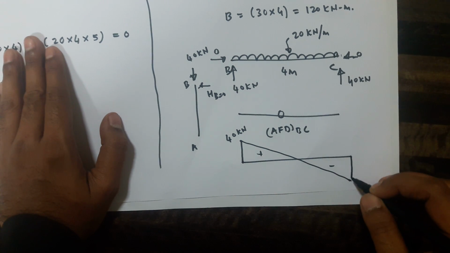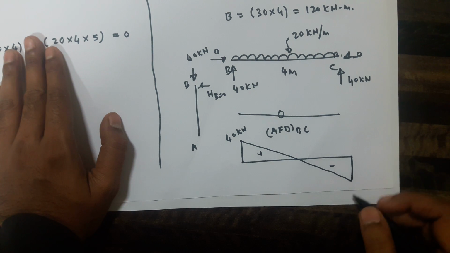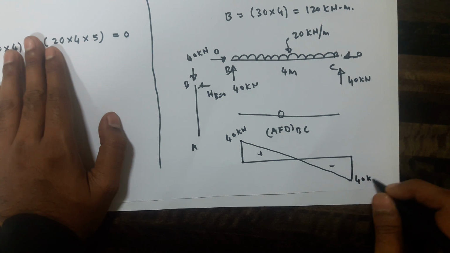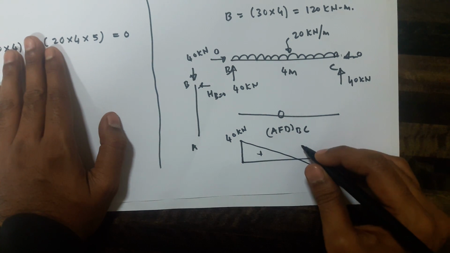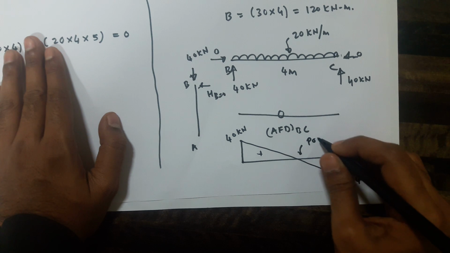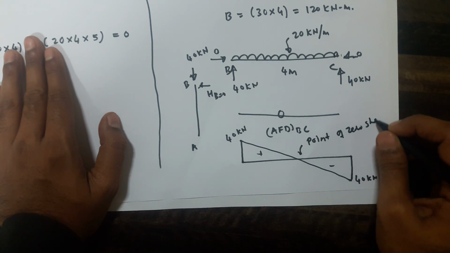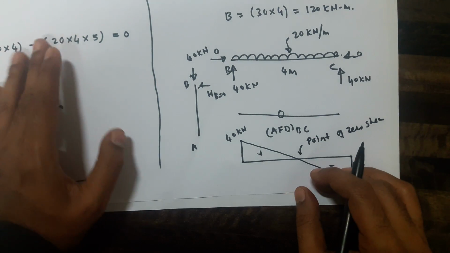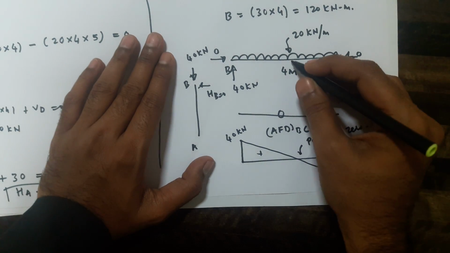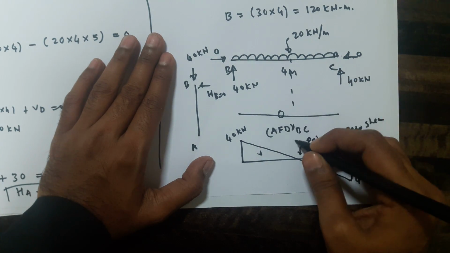So the shear force at the right of C will be 0. Okay, this is 40 kilonewton, this is 40 kilonewton, and this is the point of 0 shear.